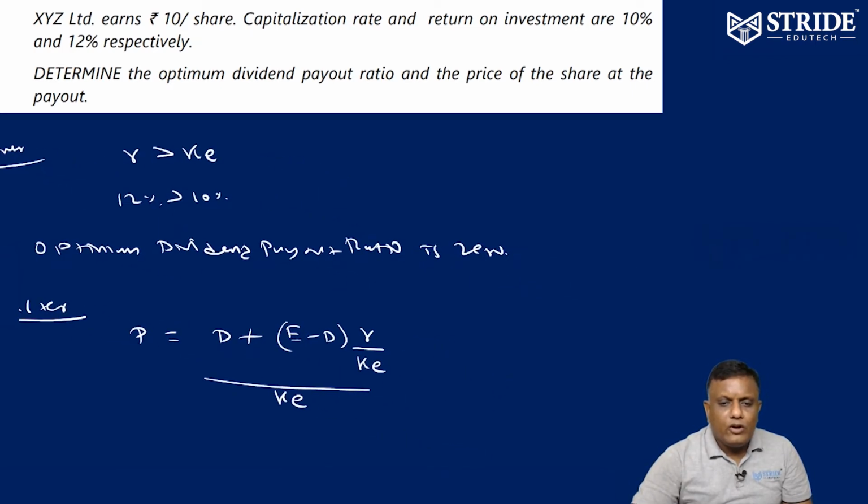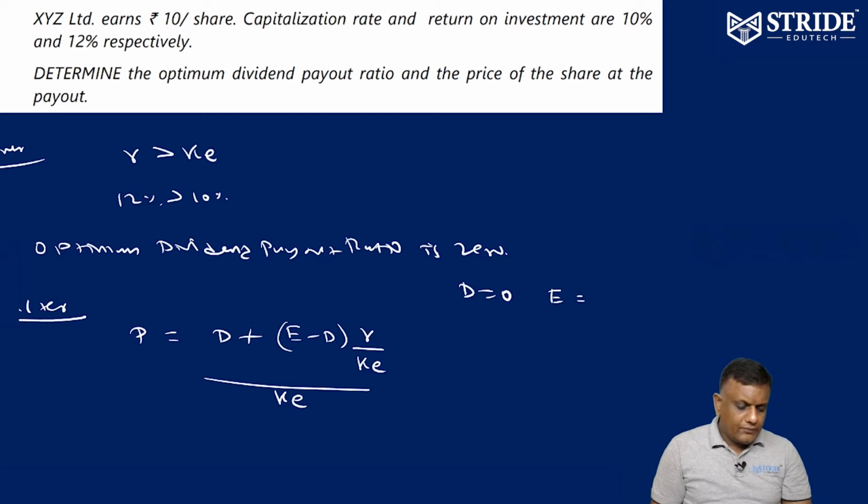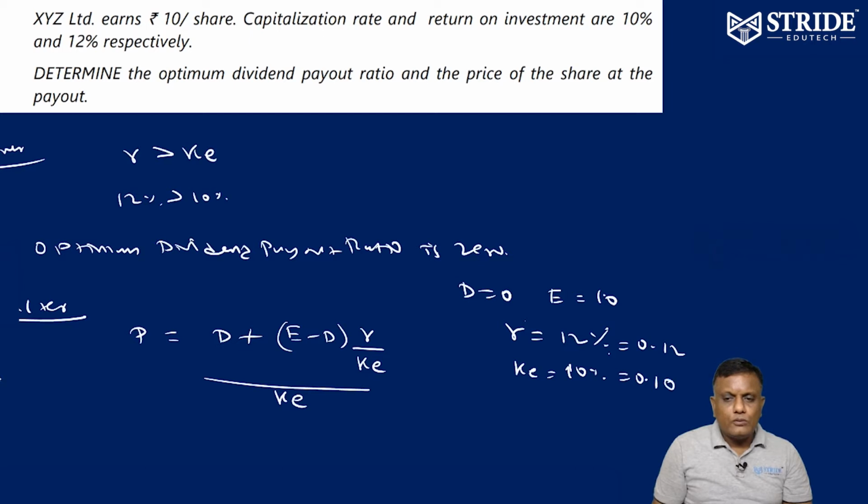So the optimum dividend payout ratio is 0, so D is 0 dividend, earnings E is 10 per share, R is 12%, that is 0.12, and cost of equity KE is 10%, that is 0.10.